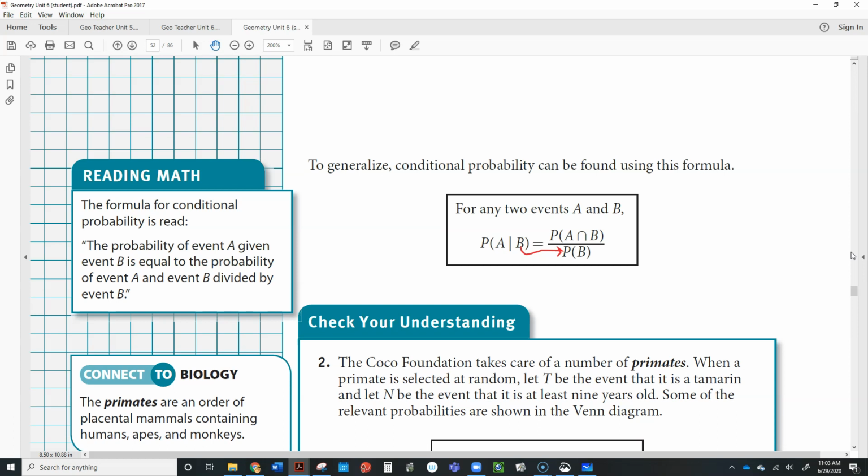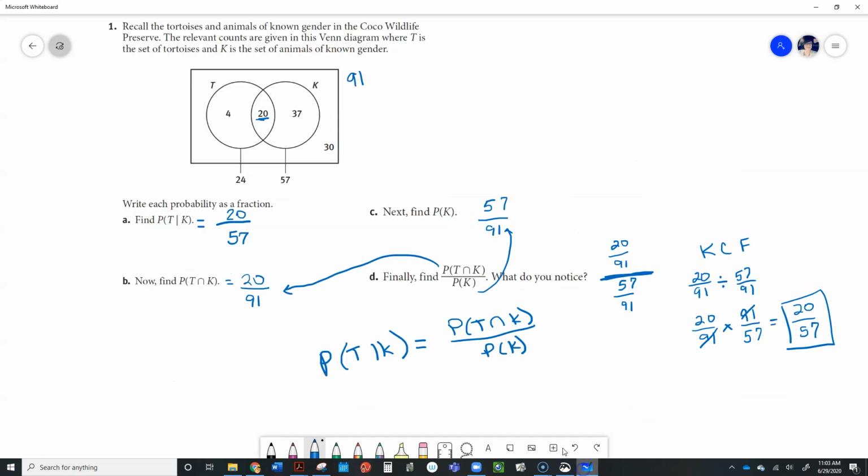So it's the intersection, which is exactly what we did when we did this right here. The known was this total amount right here. This was the one that went on bottom, and then their intersection is what went on top.